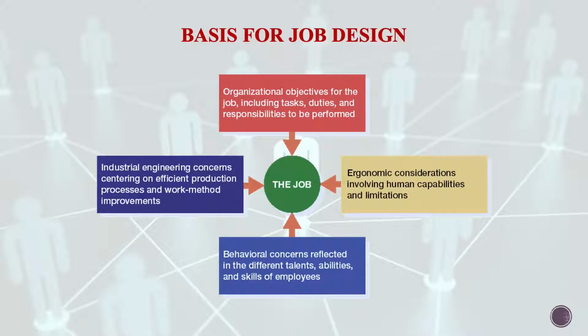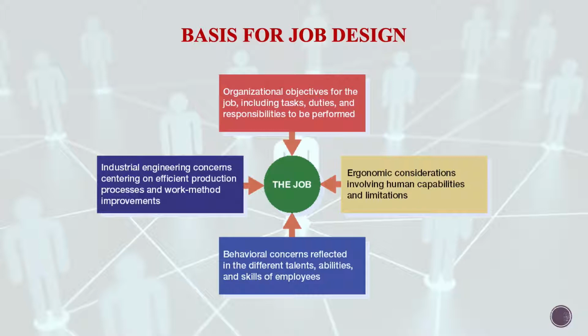So, the basis for job design. Some of the bases for job design are, we need to understand the organizational objectives for the job, including tasks, duties and responsibilities to be performed by the organizational members. And then ergonomic considerations involving human capabilities and limitations. We need to take this factor into account whenever we are trying to do the job design.